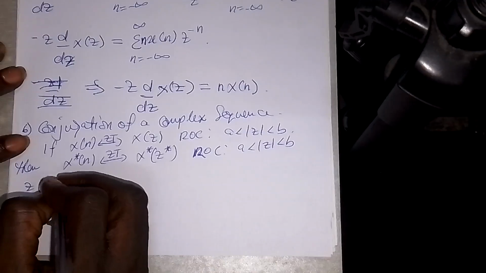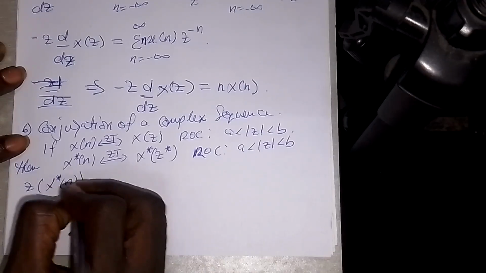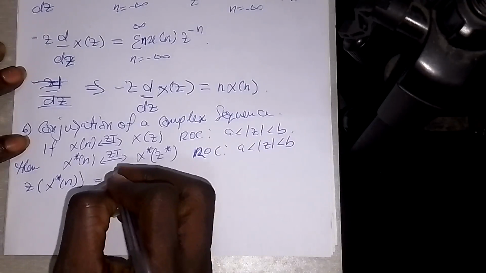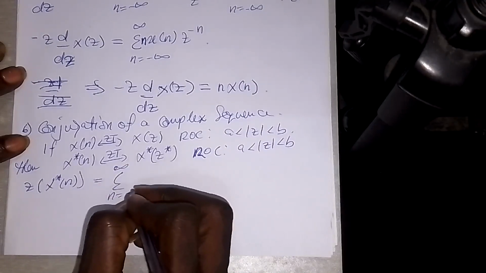X of n is going to be equal to the summation from n equals minus infinity to infinity of x of n times z to the power minus n.